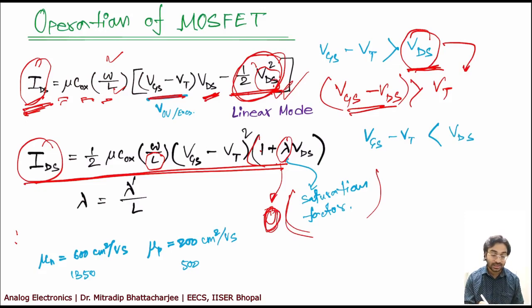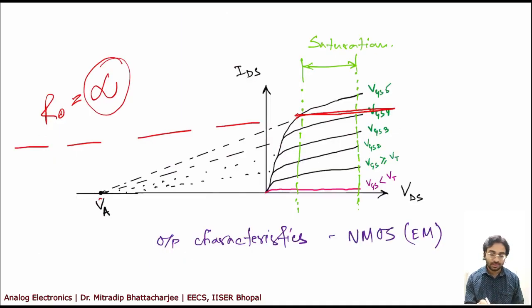And there is an inverse relation between lambda and the channel length. So your channel length should be very high. If your channel length is very high, your lambda will be very small, and in that case you will find that your output characteristic is more flat. So it is giving a high output resistance, which is good.